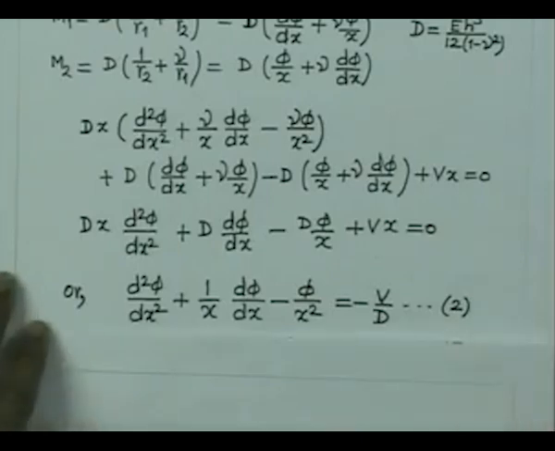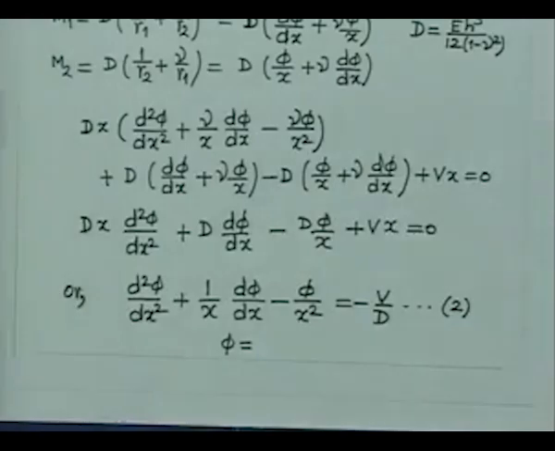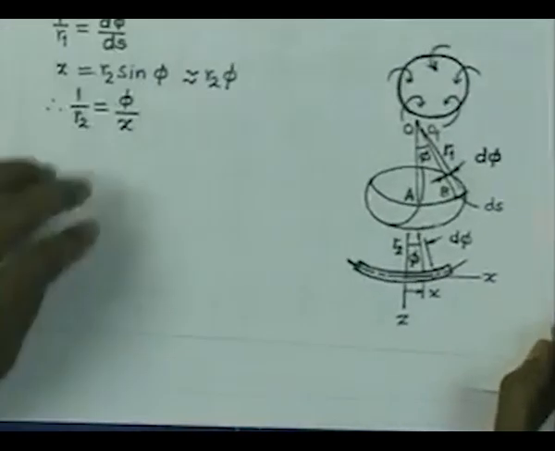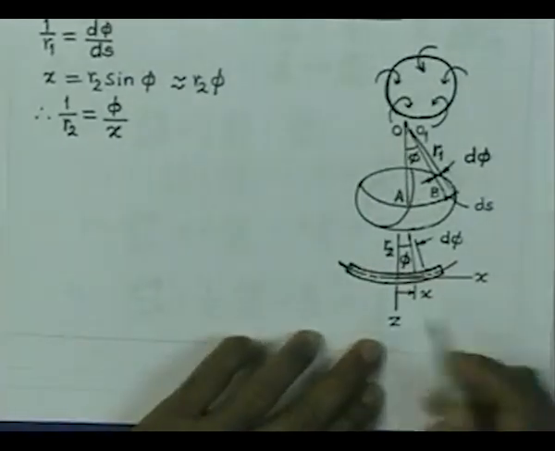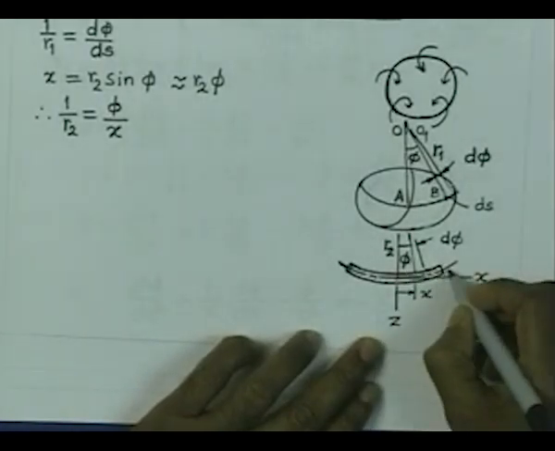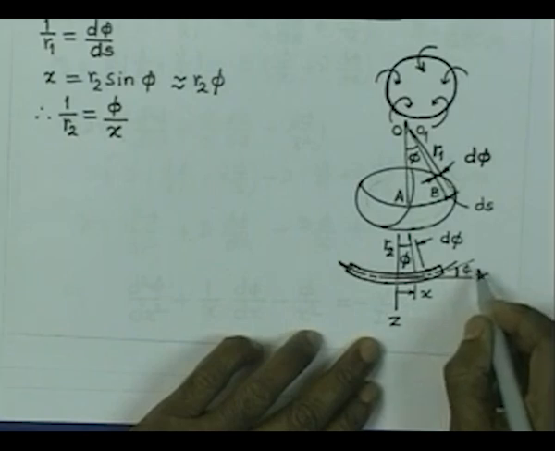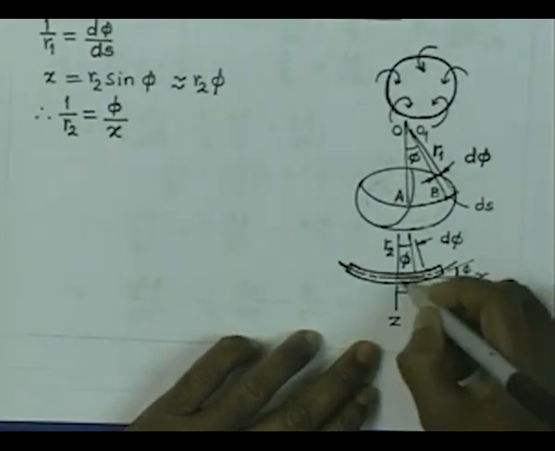So, if you now look into this, phi is nothing but, see here in the angle phi, we are considering the coordinates to be like this is x, this is z, and this is angle phi, and therefore, this is also angle phi, and in fact delta w/delta x is going to be minus phi, because positive slope will be in this direction.